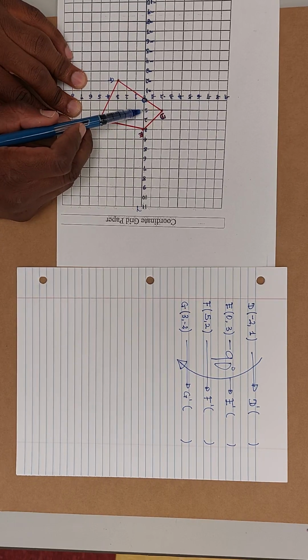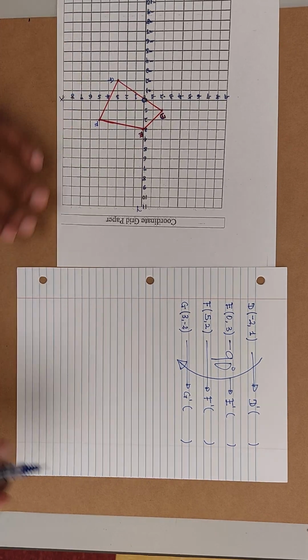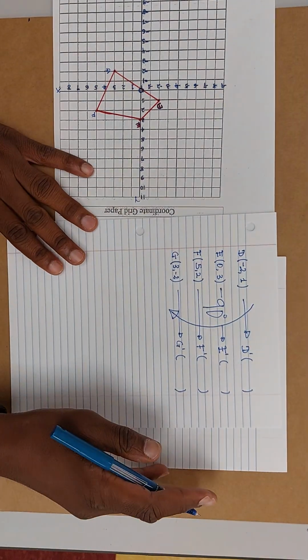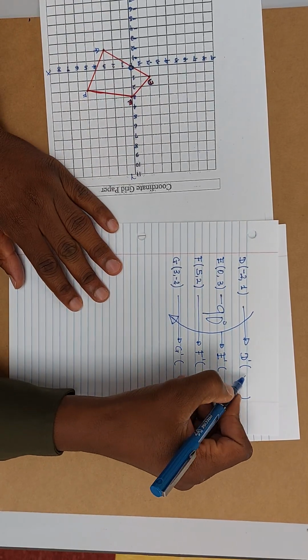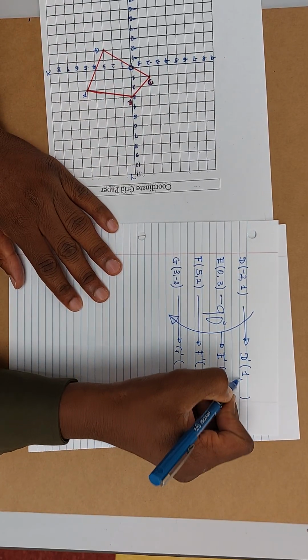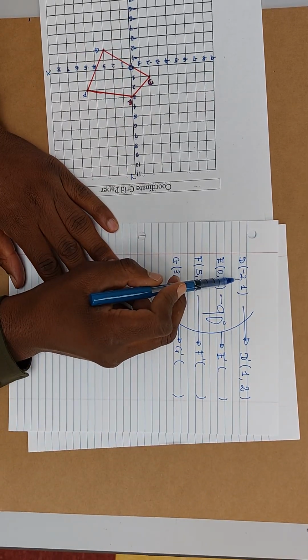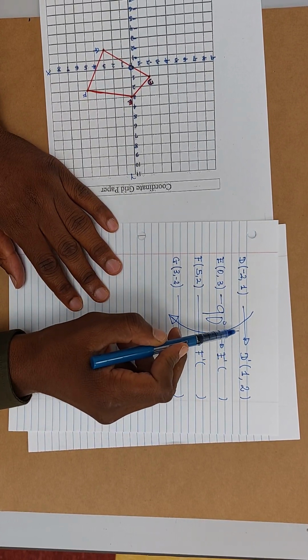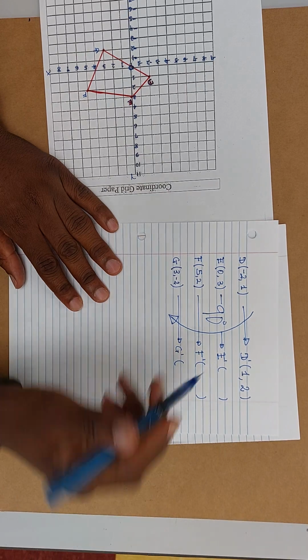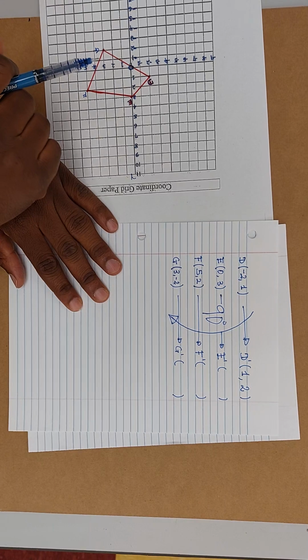So 1 for X, because this is on the right of 0, and 2 for Y. So we come over here and we see that after the rotation, D becomes 1 for X and positive 2 for Y. Now we are going to use the transformation that has occurred on these coordinates of D to get the rest of the coordinates. We don't necessarily have to go reading on the coordinate grid.